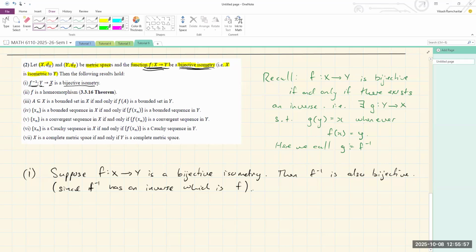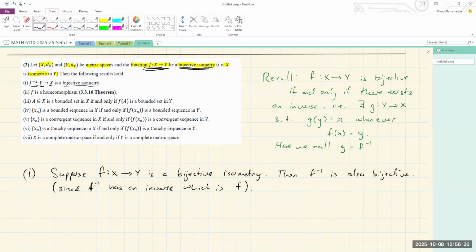The function f undoes f inverse, just like the function f inverse undoes whatever f does. Okay, so that's something you probably knew from undergrad. If f is bijective, then the inverse is bijective. What we want to do now, or the real part, is to show that the inverse is also an isometry.